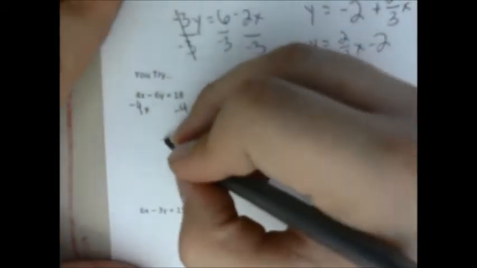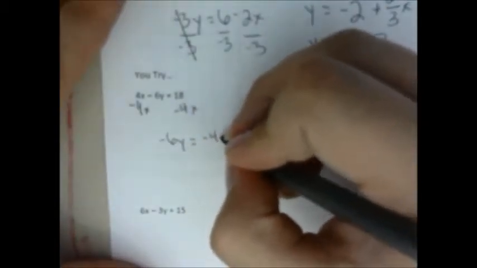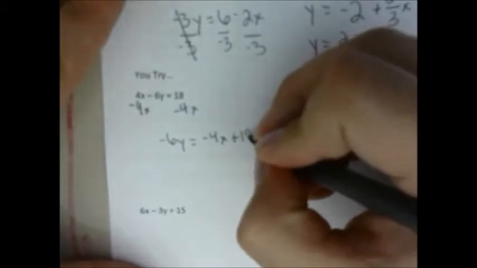Okay, let's go over these. Once again, we got a 4x right here. So we're going to get rid of the 4x, subtract 4x. You guys are noticing the pattern. First, we either add or subtract the x. So we get negative 6y equals, I'm just going to write this like this, just so I don't have to transform it at the end. This is the same thing as saying minus 4x is negative 4x.